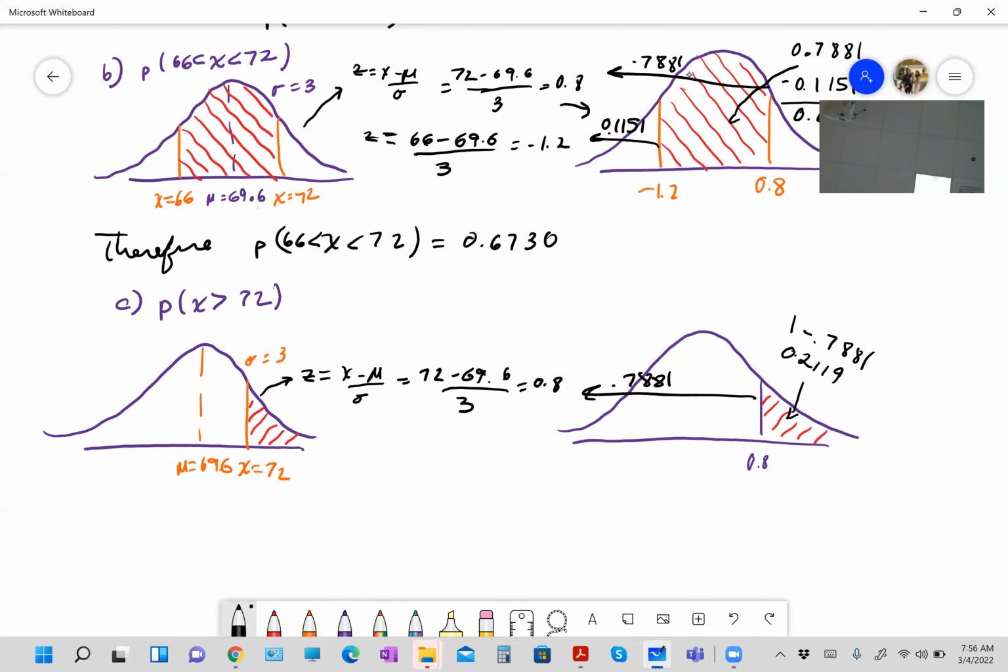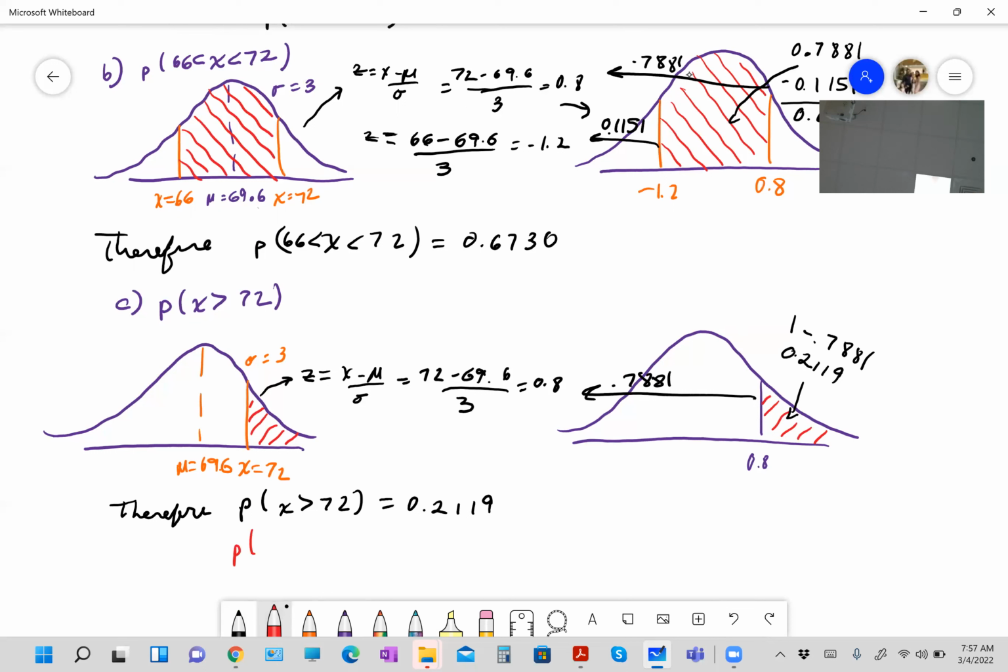So therefore, the probability of X being greater than 72 equals 0.2119. Now, some books like saying this.